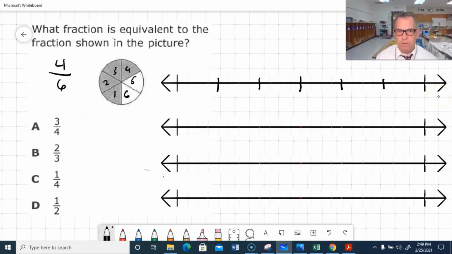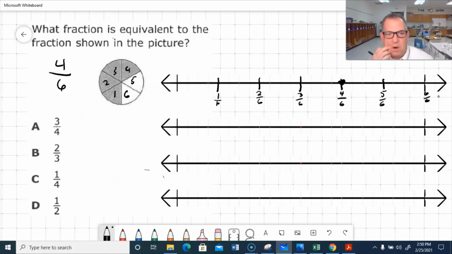So 4/6 would be, this is 1/6, 2/6, 3/6, 4/6, 5/6, and 1 whole would be 6/6. So 4/6 is right here.